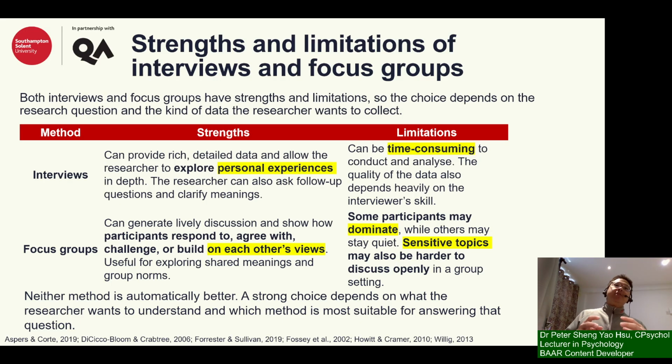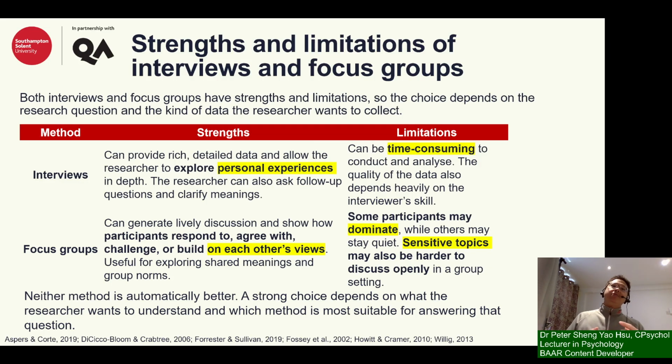These experiences cannot always be fully understood through numbers. So, qualitative research allows researchers to examine how people describe these experiences, what they mean to them, and what form of support may be more relevant.